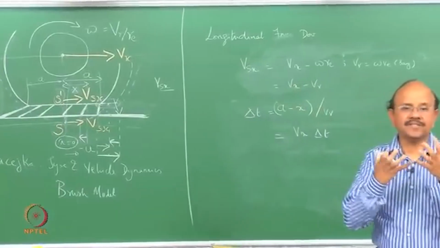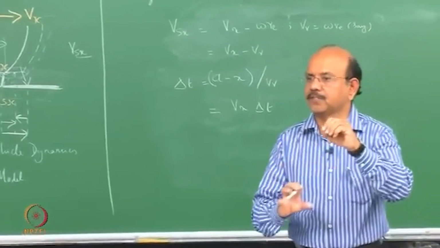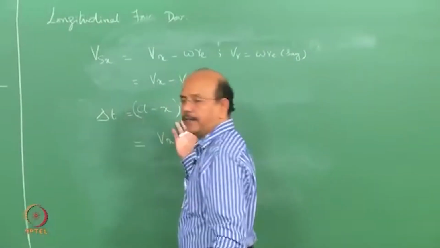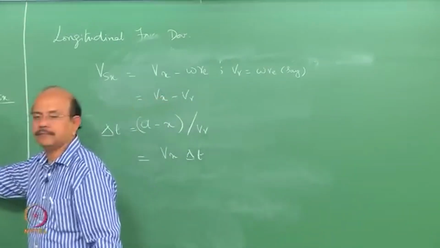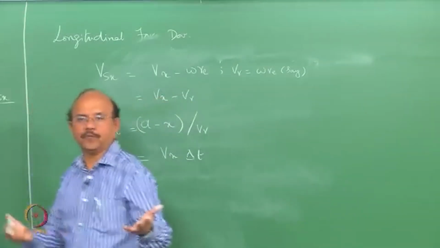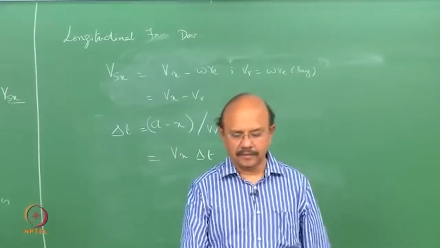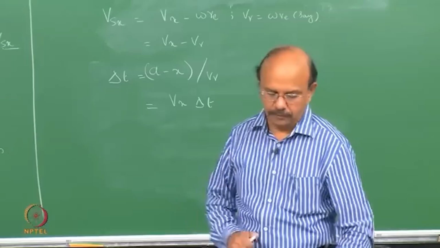Because it's simple, not even a figure is required: the base is moving with a velocity Vr, and hence that's the time that's required for it to move, and the head is moving with the velocity Vx, and so the distance moved is equal to Vx into delta t. Right? Any questions? Simple.